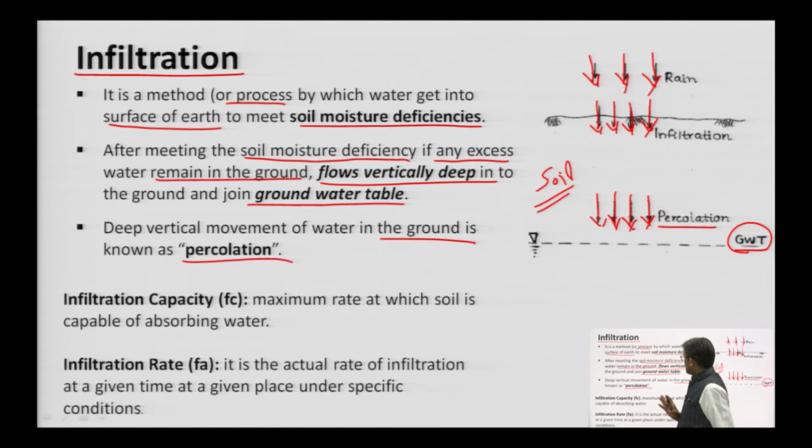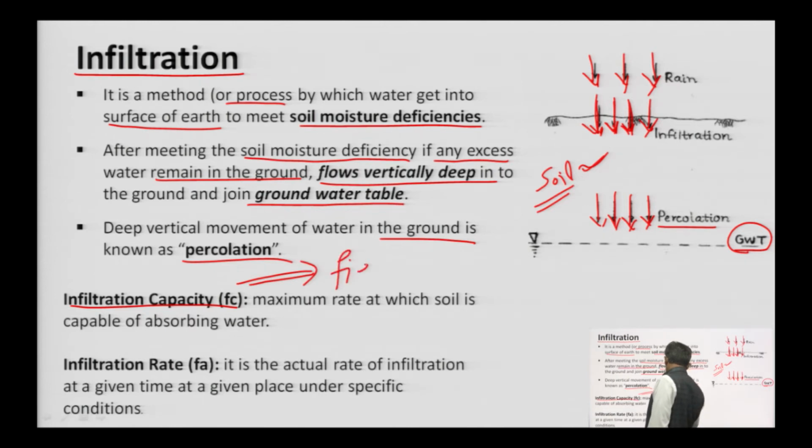So, how much quantity of water will be coming into this soil? Who will decide? It will be decided by the infiltration capacity, or we can say field capacity. Infiltration capacity depends upon the field, what type of topography, what type of soil it has.